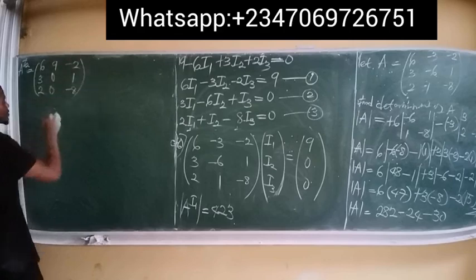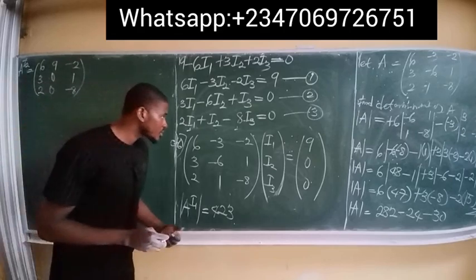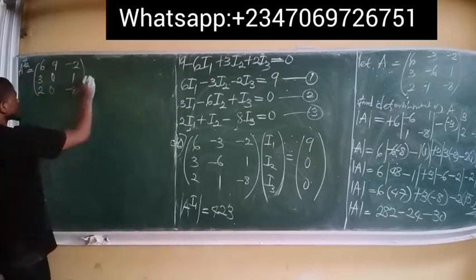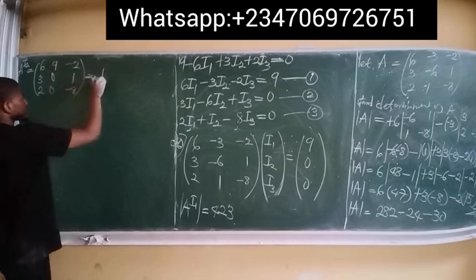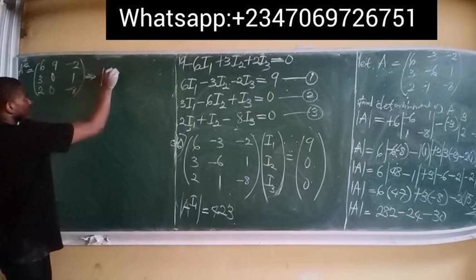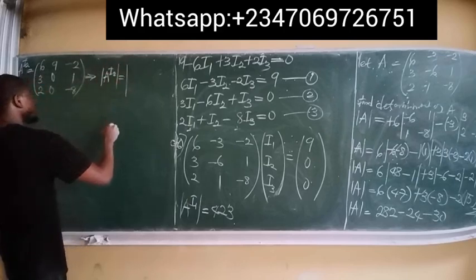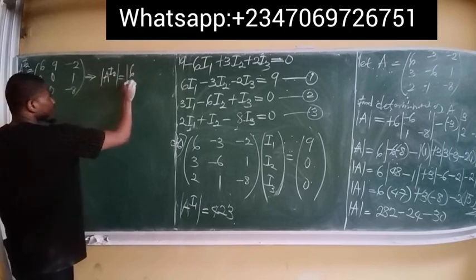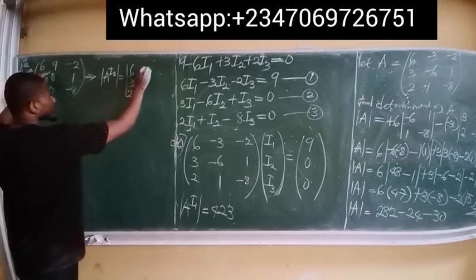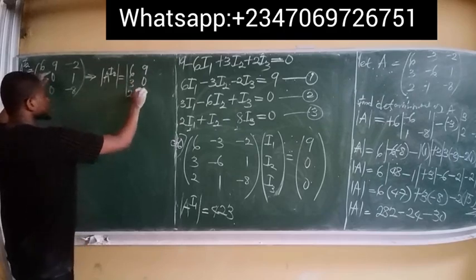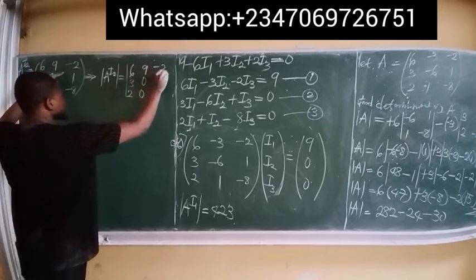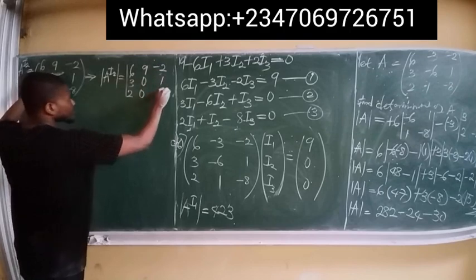Okay, so as usual, you now find the determinant of this matrix, delta AI2, and that's simply equal to the same thing: 6, 3, 2, now becomes 9, 0, 0, minus 2, 1, and minus 8.